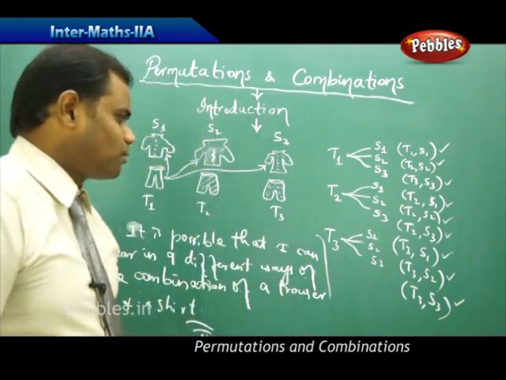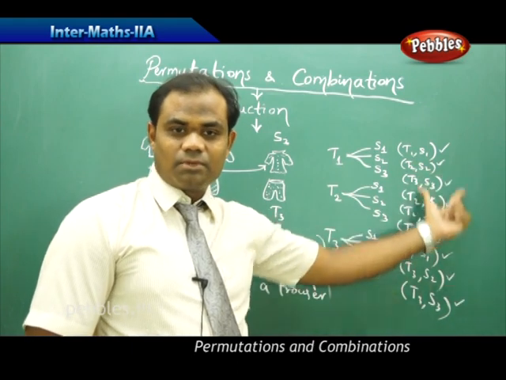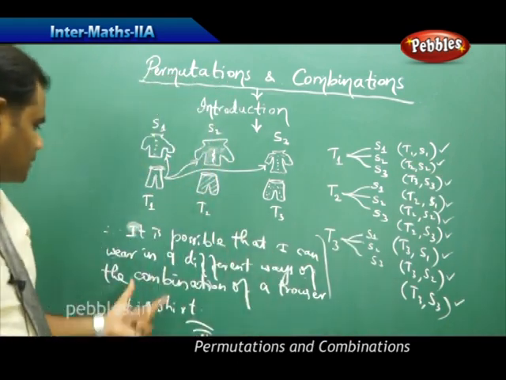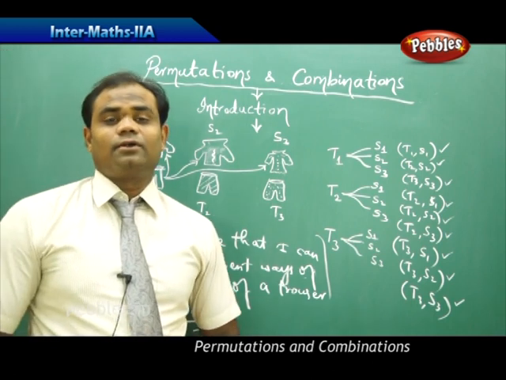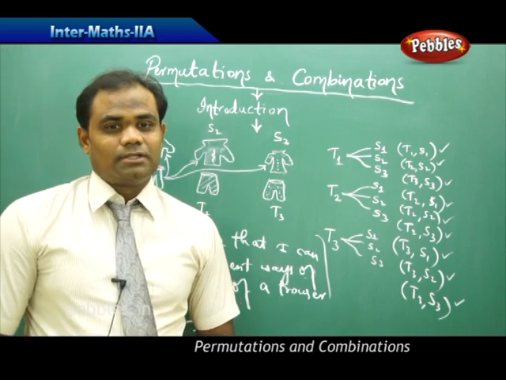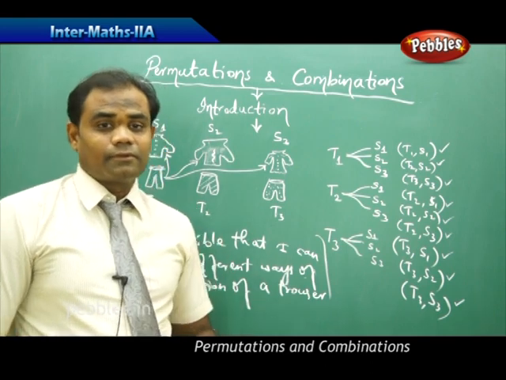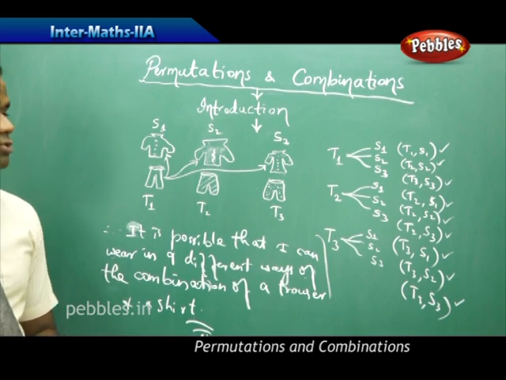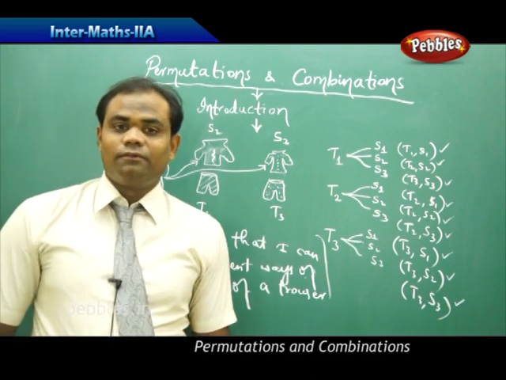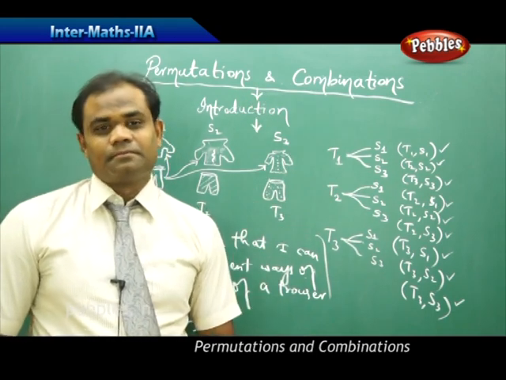So for such problems, it's quite easy to approach directly and find the number of possible ways, in 9 different ways, of combining a trouser and a shirt. But if the number of trousers or shirts, or the number of ways of which you can arrange increases, then the biggest question comes on how we understand the concept of permutations and combinations.